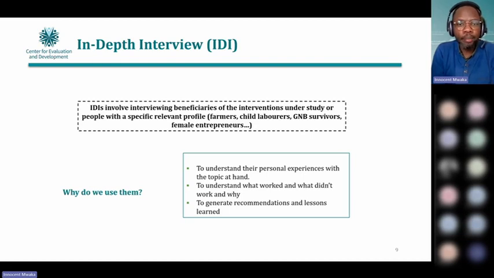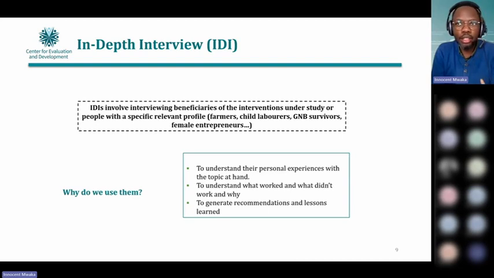So let's say they look at the challenges of the implementation differently. They might have a more global framework or design of this project, so they understand it in a different way compared to, let's say, a village chief in whose area this project is being implemented.